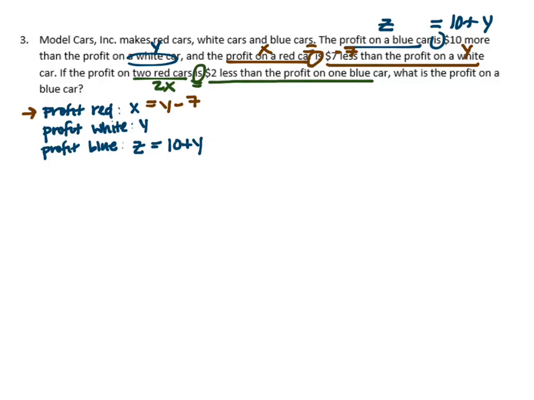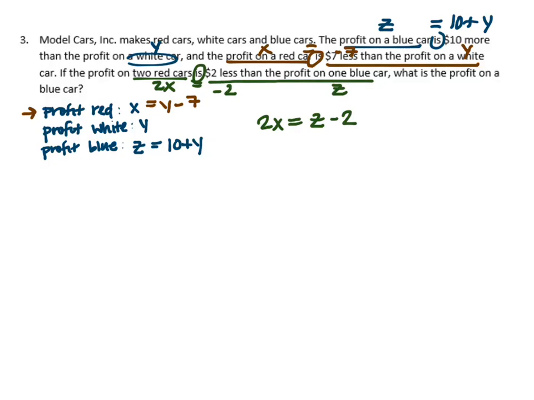Well, the blue car we write as Z, and $2 less we can write as minus 2. So here's an idea. We can write this new equation as 2x equals Z minus 2. And again, we can use Z minus 2 or negative 2 plus Z. It's your choice.